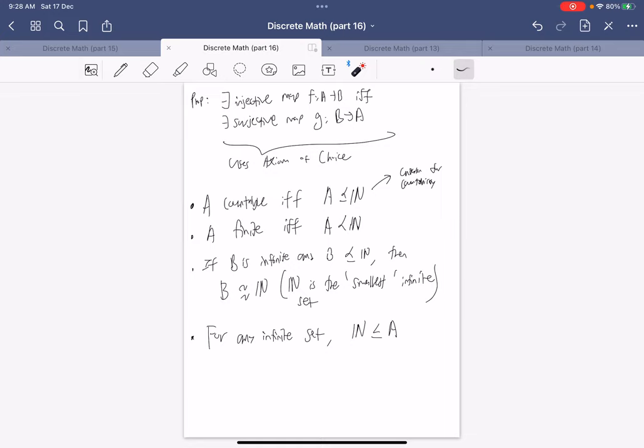So this follows all from the criterion for countability and the criterion for infiniteness. And so you can just do it yourself to prove these statements, but it should be fairly simple, and so we'll not go into it. But we just want to have an idea of saying that N is actually the smallest infinite set.